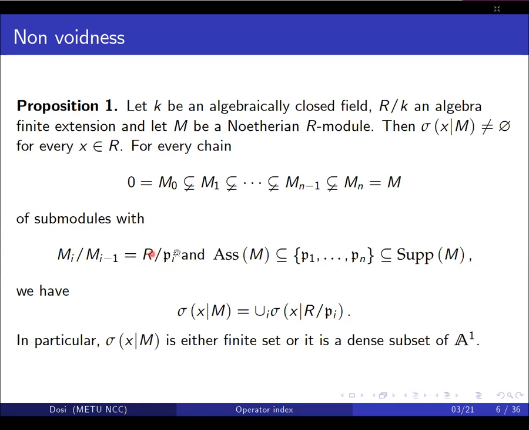Well, let me recall again, an ideal is said to be prime if this quotient is a domain without any zero divisors. Right? So associated primes are going to be inside of this set, and this set will be inside of support. Well, a prime is called an associated prime if it's just the annihilator of some non-zero element of M.